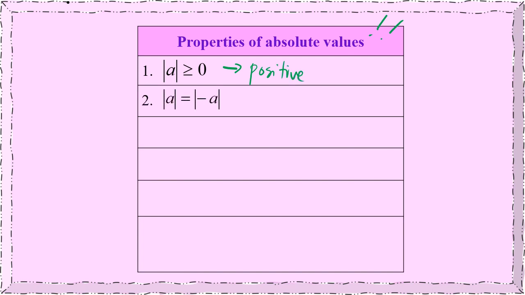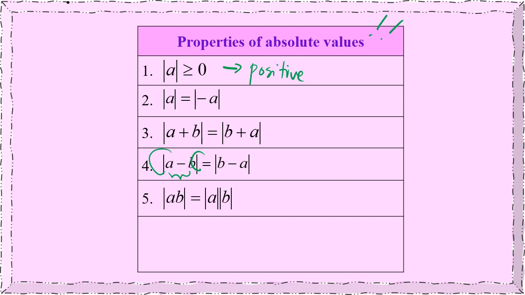Number 2, absolute A is equal to absolute of negative A. Number 3, absolute of A plus B is equivalent to absolute of B plus A. And number 4, absolute of A minus B is equal to absolute of B minus A. So if B is bigger than A, you will get a negative value here, but because of the absolute notation, you will get positive.